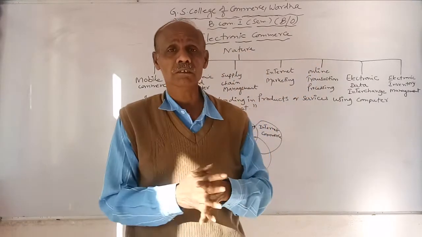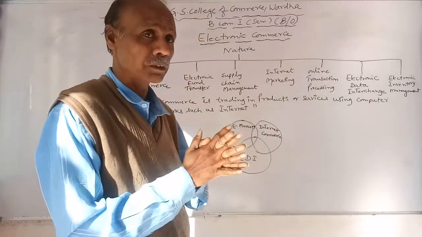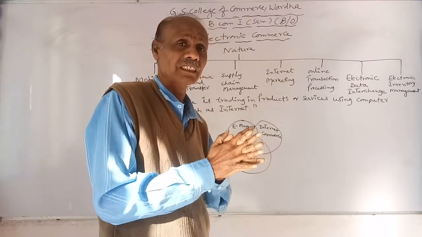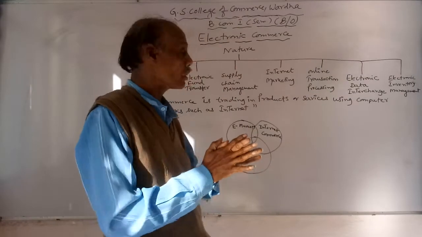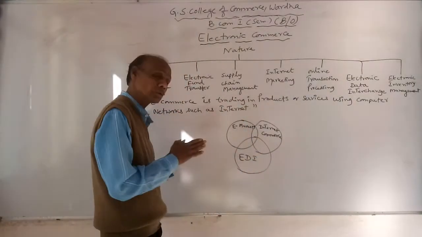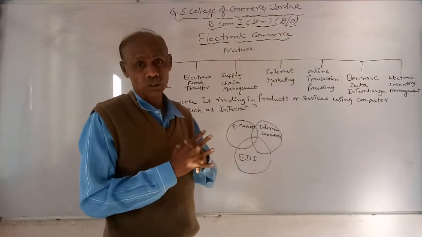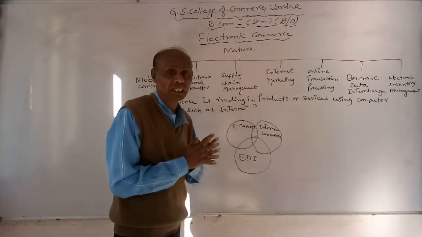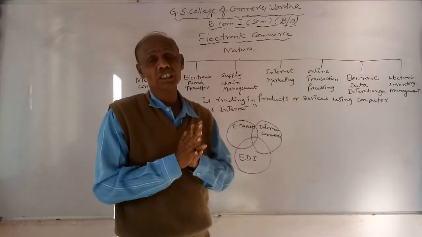Generally, the same things we were doing earlier in business transactions, all the functional areas are supposed to be performed here also. But the basic difference is that everything is in the manner of an electronic version.